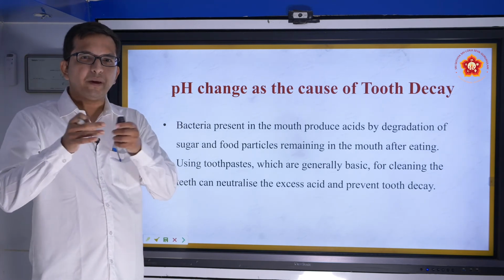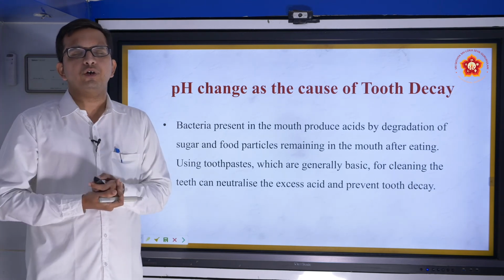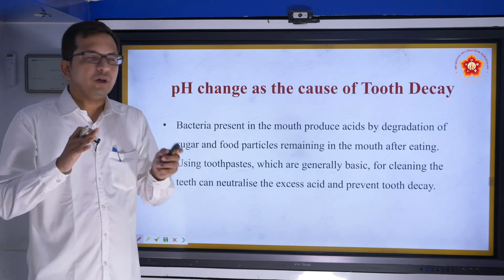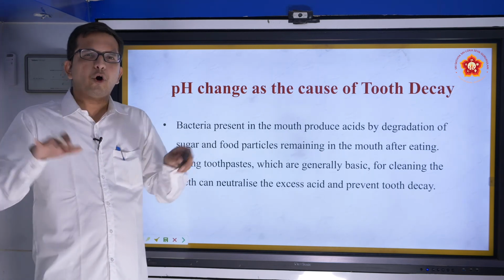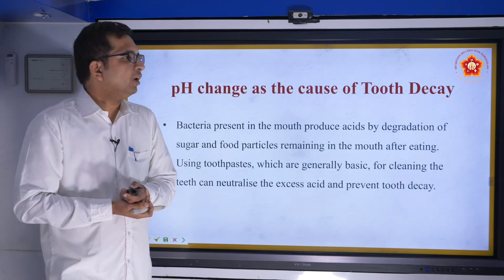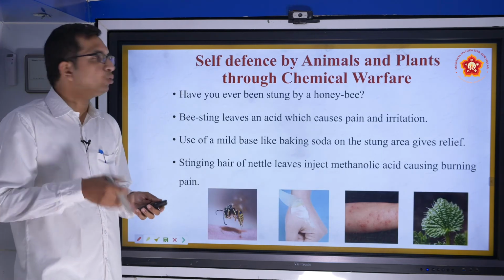So what does this basic toothpaste do? They clean up all the acidity that has been generated in our mouth. So that is how they are able to clear up all the microorganisms that have been present. So this is about the pH in case of tooth decay.